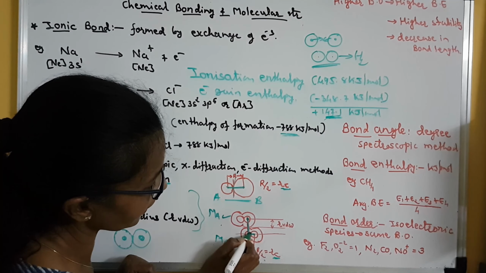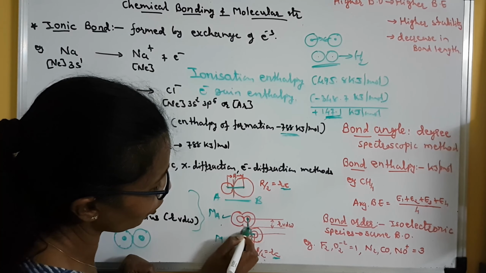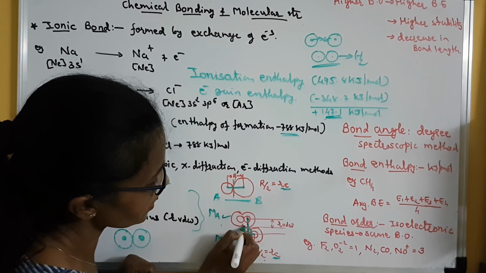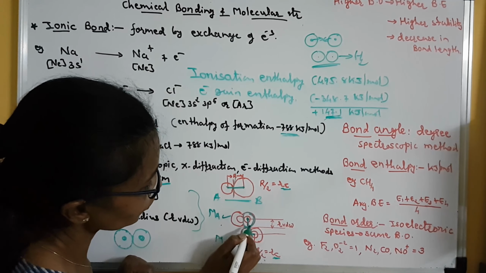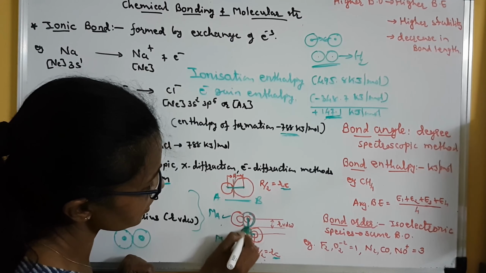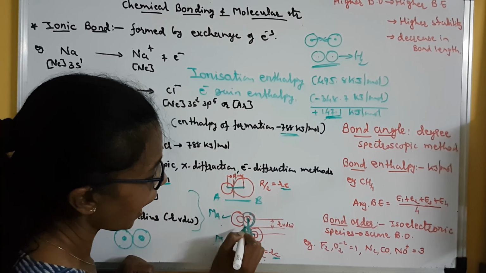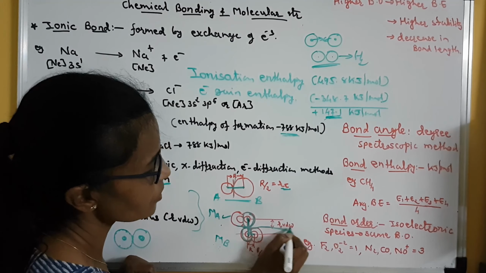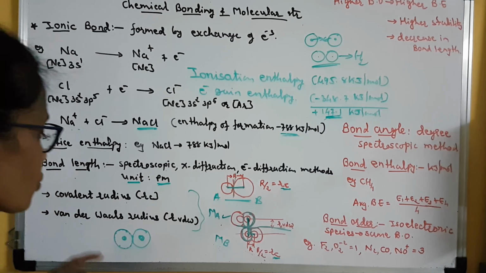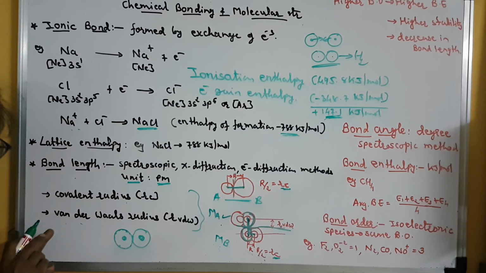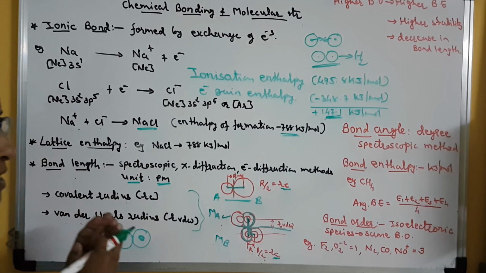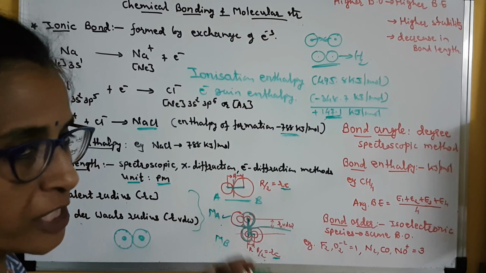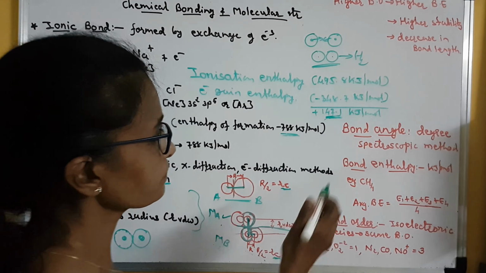So we can say this is the core of one molecule which is in contact with the core of another molecule. Clear? So the total distance between these two nuclei, half of that is called van der Waals radius. So you have to just remember the definitions of covalent radius and van der Waals radius. Clear? This is one parameter which will decide the shape or the stability of the molecule.